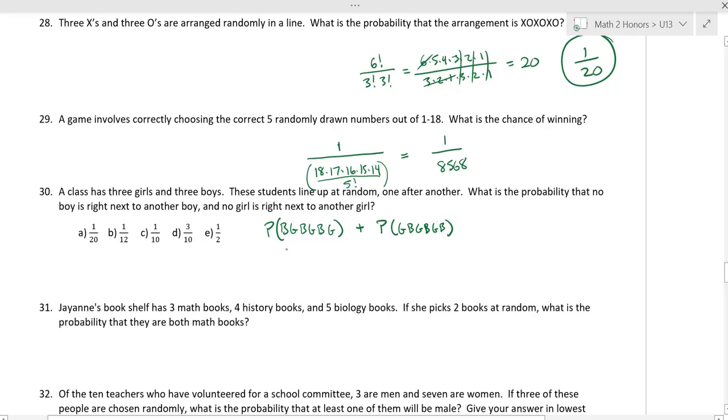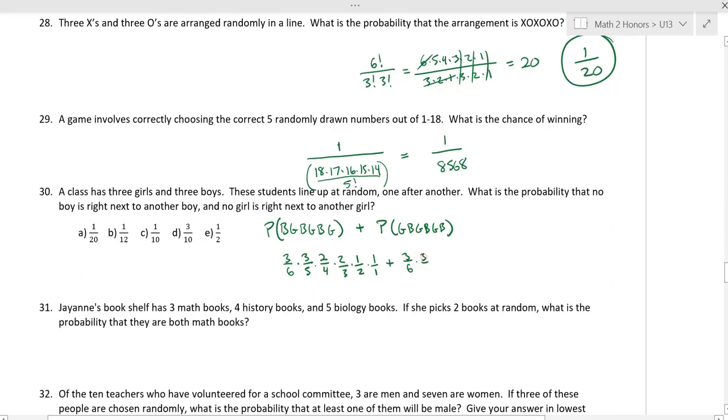So there's 3 boys out of 6, and then you have 3 girls out of 5, and then 2 boys out of 4, and then 2 girls out of 3, and then 1 boy out of 2, and then 1 girl out of 1. And then we can do something similar for the next part here.